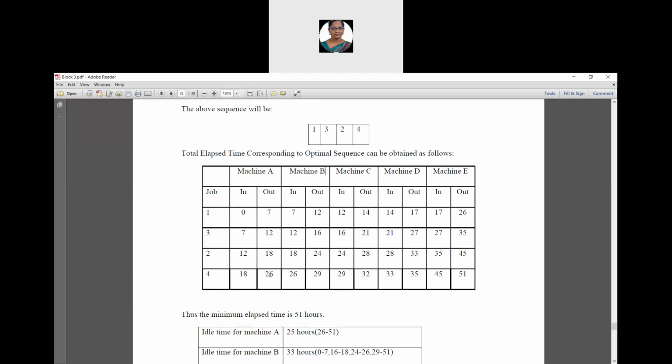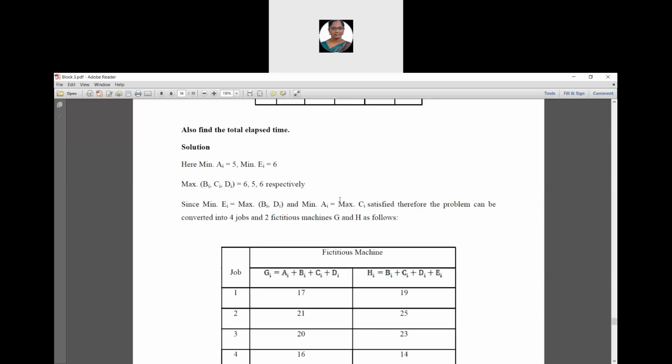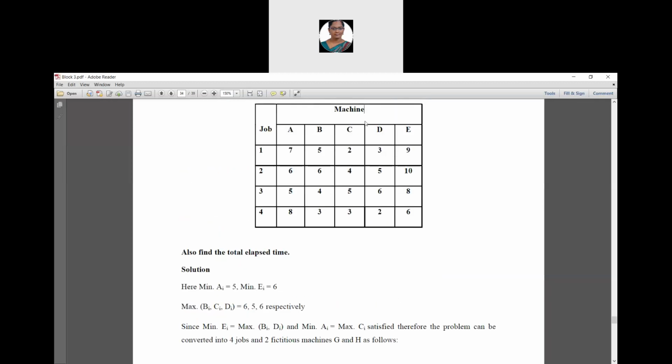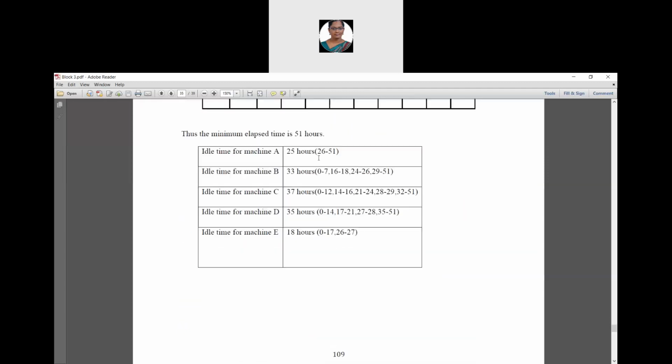Okay. So for machine B, the first in value is the first out value of machine A. It is 7. The out value of machine B is calculated by adding the in value 7 plus the processing time for job 1 in machine B. It is 5, so 7 plus 5 is 12.